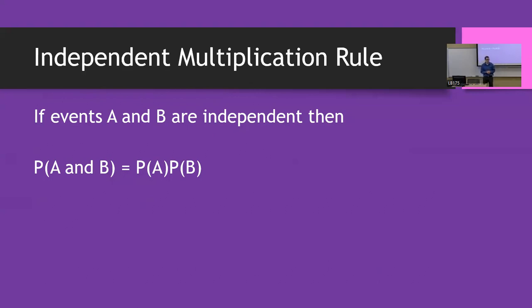In other words, the probability of A and B both happening is just the probability of A times the probability of B. That's the independent multiplication rule. Probability of A and B both happening is the probability of A times the probability of B.